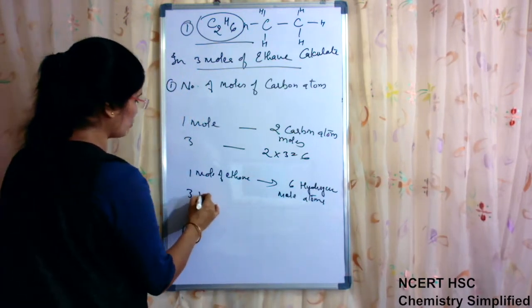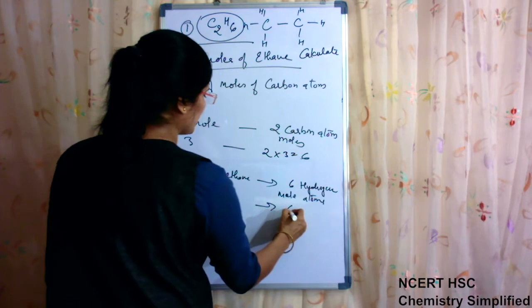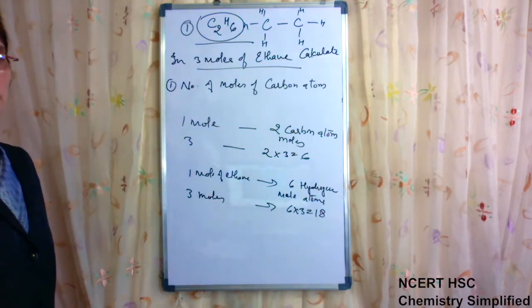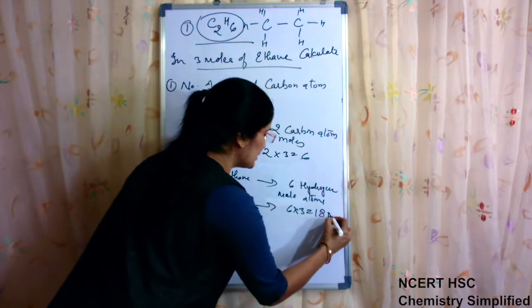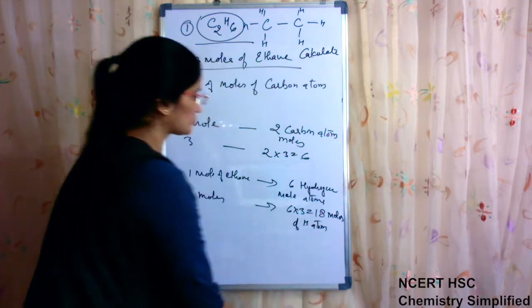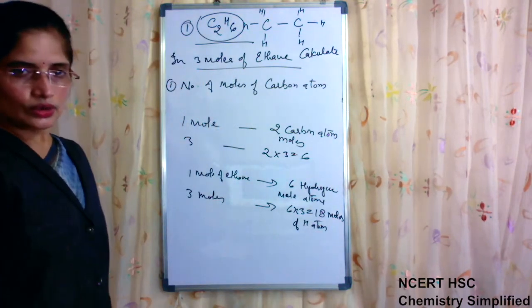So in 3 moles, definitely it will be 6 into 3, that is 18 moles of hydrogen atoms.